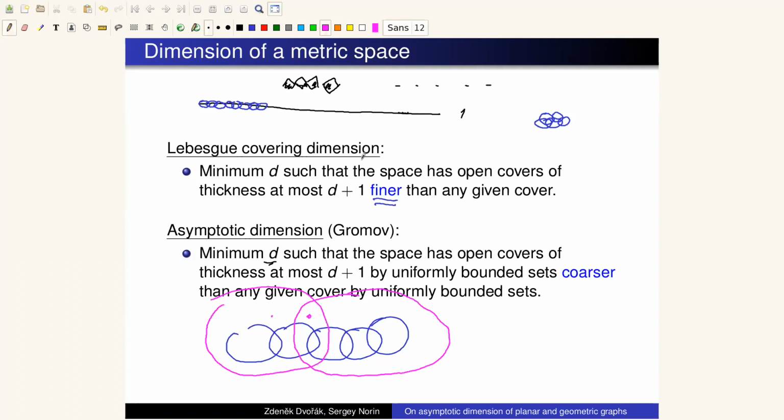Of course, this definition, as it's set here, doesn't make much sense for any finite graph. If you take the metric space of any finite graph, it will have asymptotic dimension 0 because you can just always put everything in a single bag. Any bounded metric space has asymptotic dimension 0.